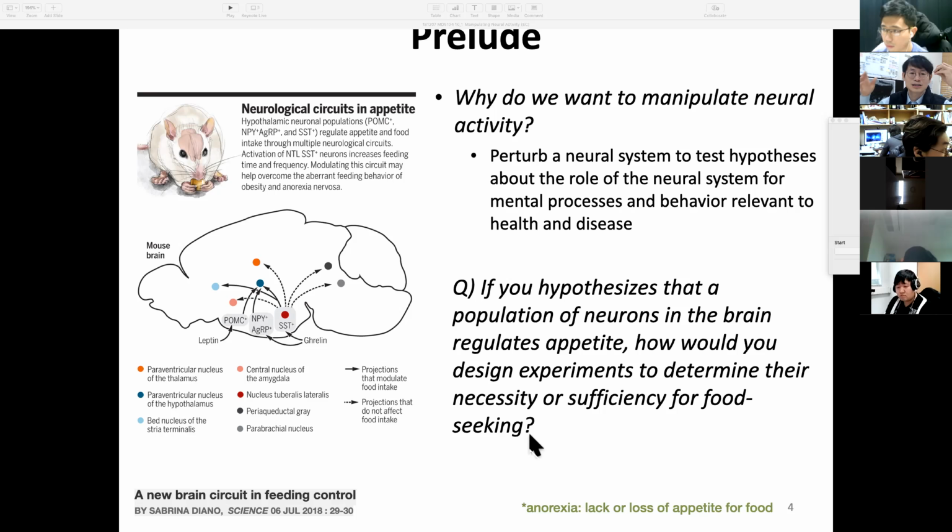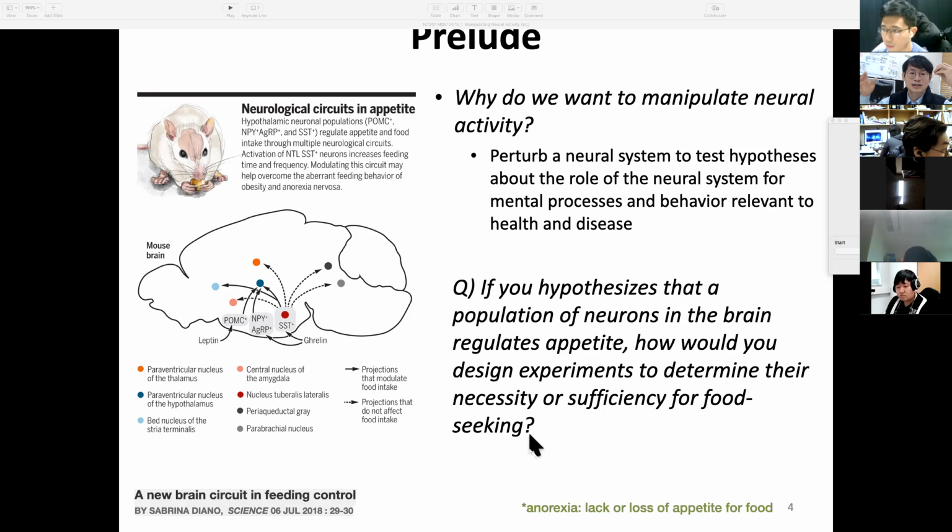Another is pharmacological manipulation using drugs, with names corresponding to the receptor, agonists and antagonists, and how the drug is delivered, especially to the central nervous system.